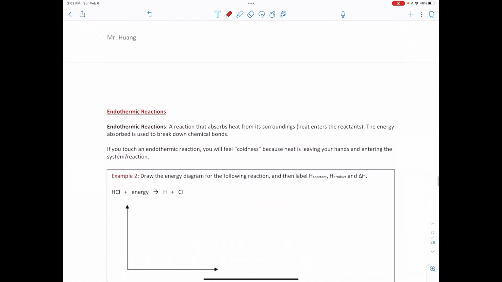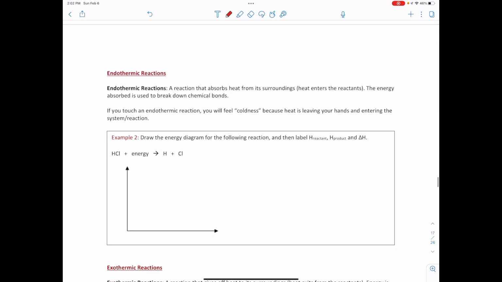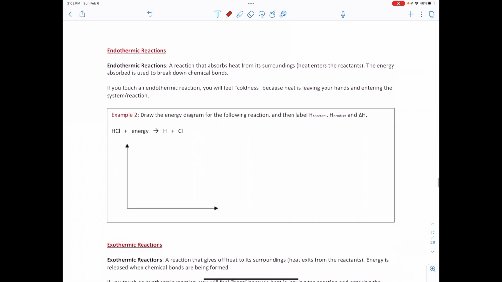So there's actually another two types of reactions that I want to talk about. The first one here is an endothermic reaction. Endothermic reactions absorb heat from their surroundings. In other words, the heat enters the reactants. That energy is absorbed and used to break down chemical bonds.